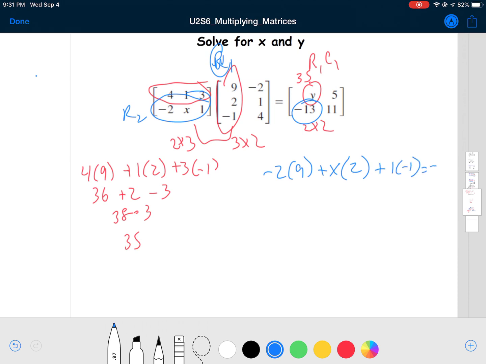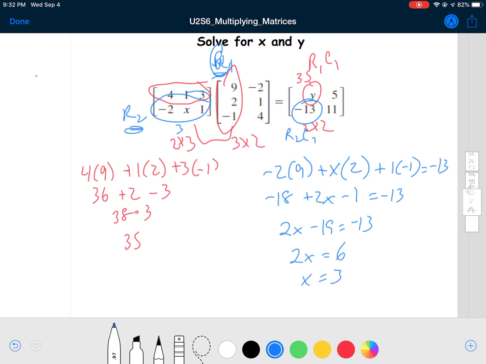And that's going to be equal to negative 13 again, because I'm taking row 2, column 1. I need the answer in row 2, column 1. So negative 18 plus 2x minus 1. Combine like terms, so 2x minus 19 equals negative 13. So 2x is equal to 6. X is equal to 3. So there you go. That's how you solve an equation when it comes to multiplication.